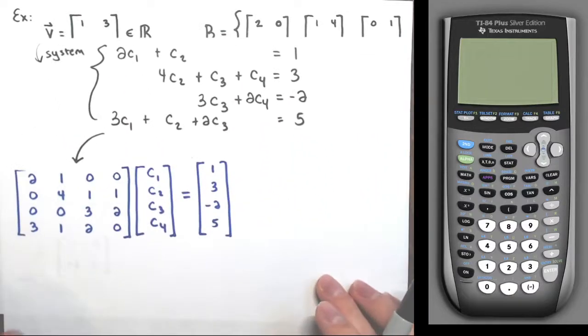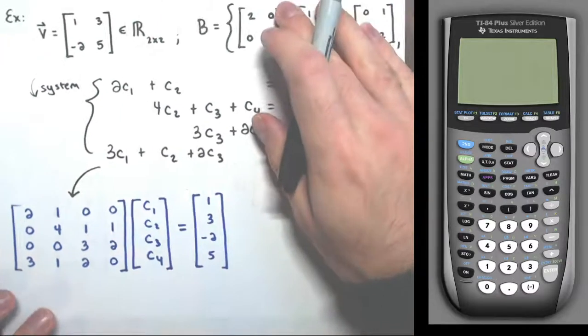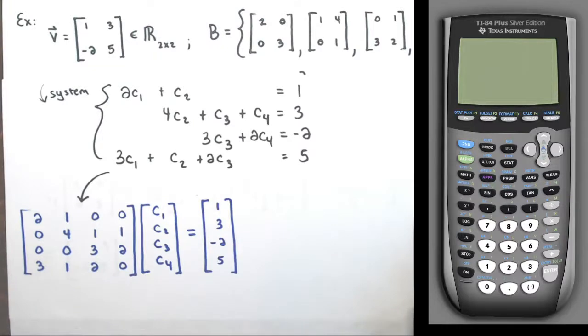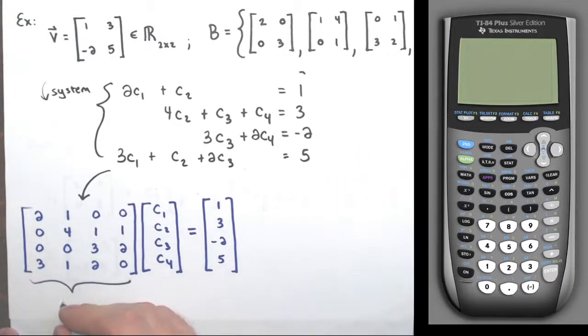So the coefficient matrix for my system this time, I'll call it MB, but then with an S like that.